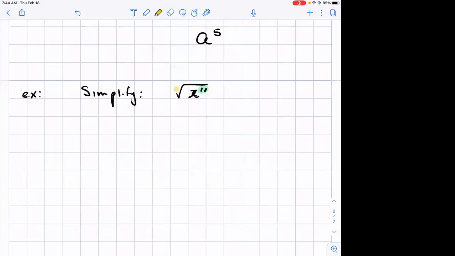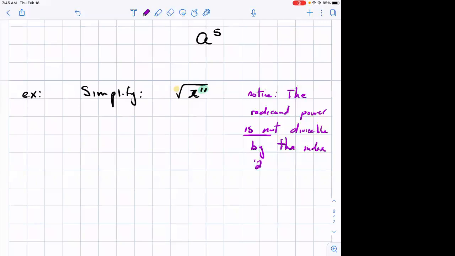Okay, so notice that the radicand power is not divisible by the index, which is 2. The radicand power is 11 in this case, right?